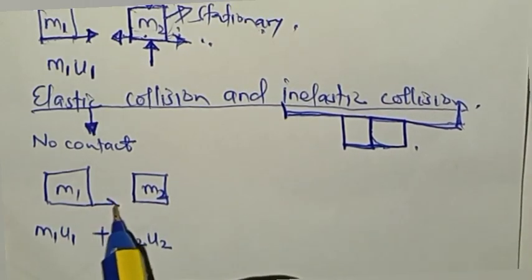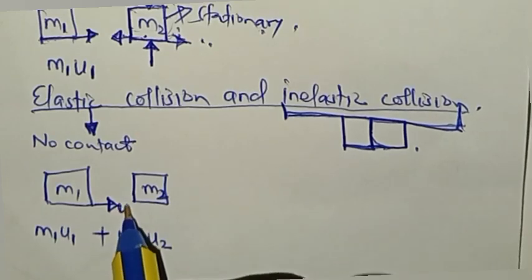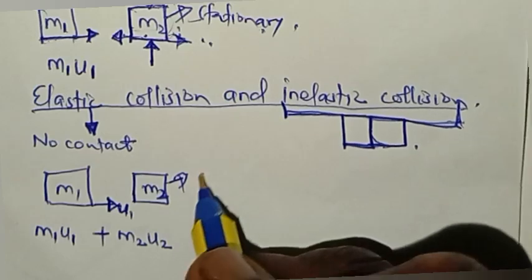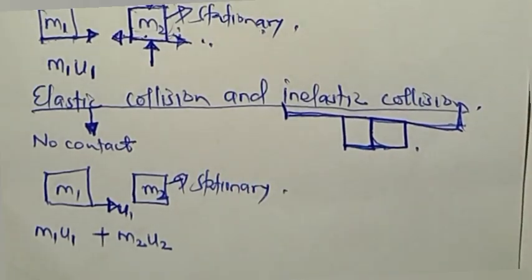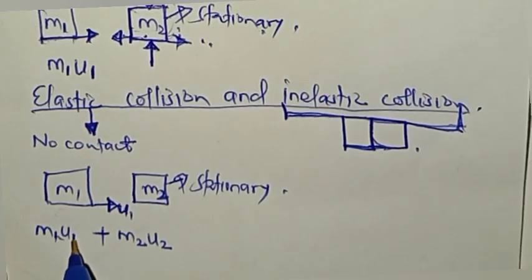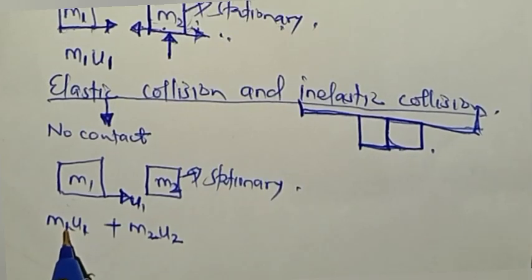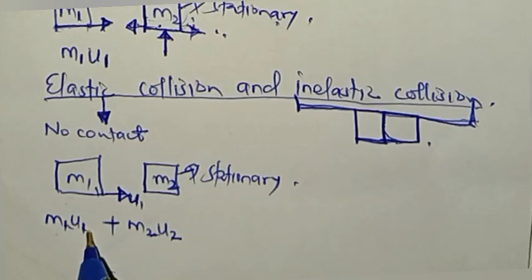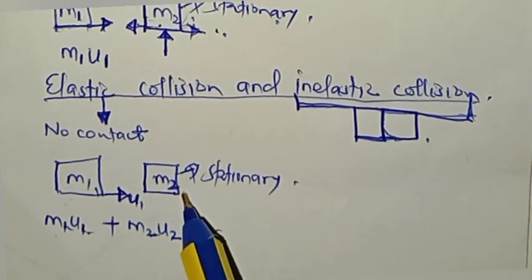This body was moving with a velocity of U1, and this one is stationary. So their initial momentum is M1 U1, then M2 U2. This means the momentum of the body of mass M1 plus the momentum of the body of mass M2.